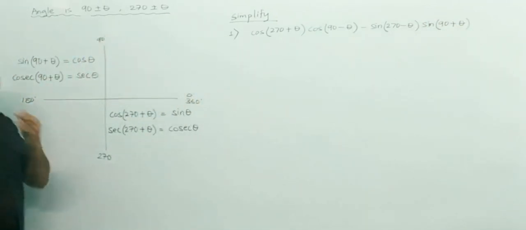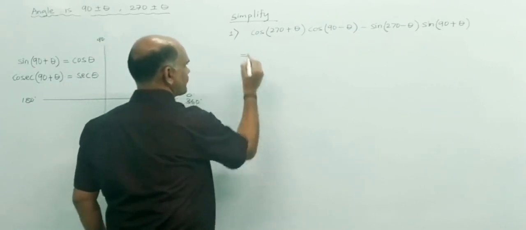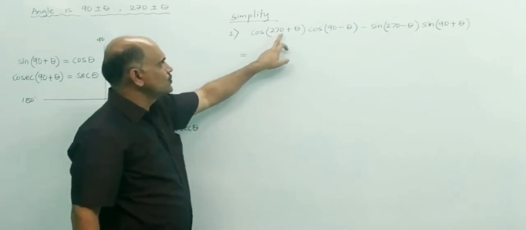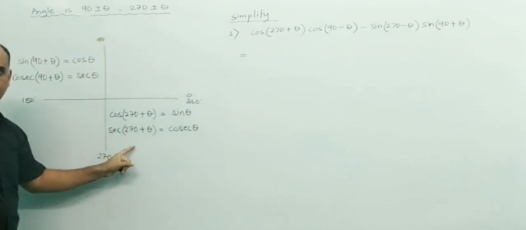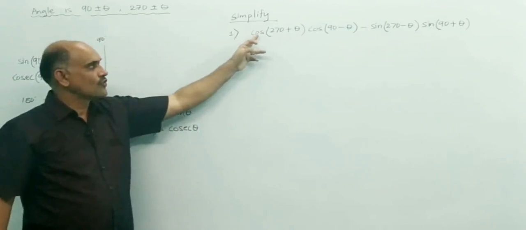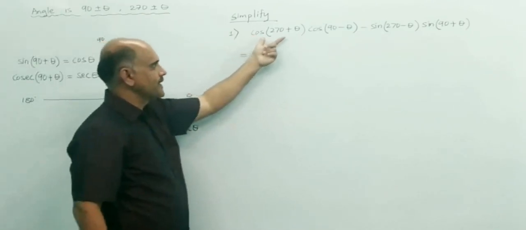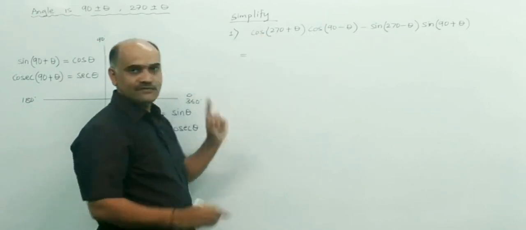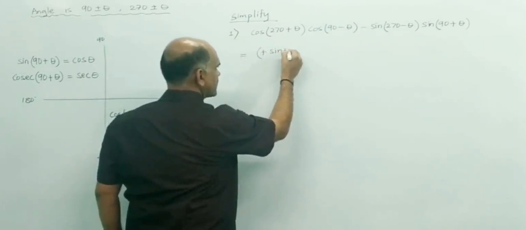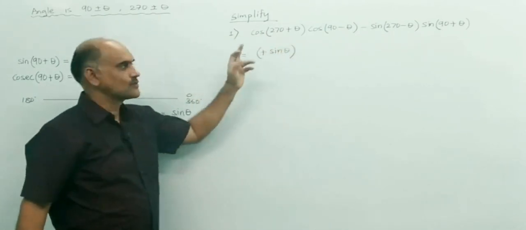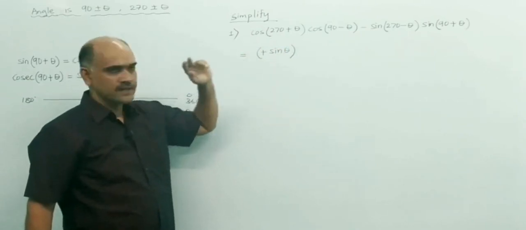So now see here, if I simplify this, 270 plus means it is in fourth quadrant. So in fourth quadrant cos is positive. So you will have plus, cos gets converted to sine. So you will have plus sine theta. Cos 270 plus theta is plus sine theta.